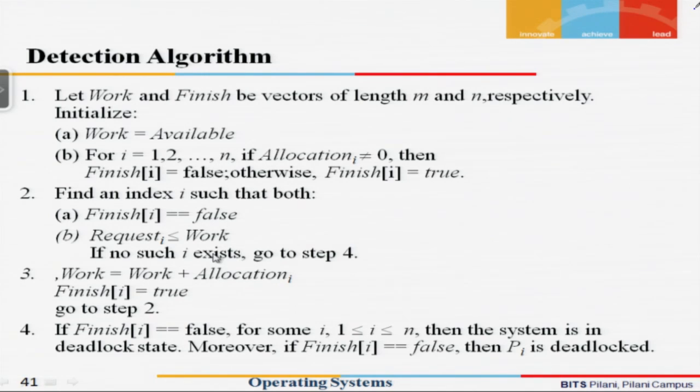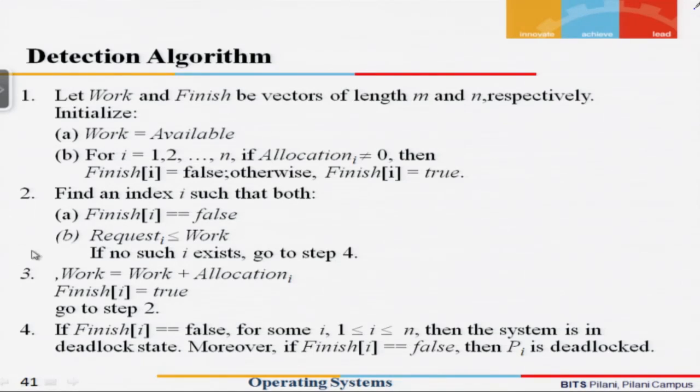If no such i exists, that is, if request of process i is not less than availability, then we go to step number 4. And if these two conditions are satisfied, then we come to step number 3, where we set work equals to work plus allocation[i] and finish[i] equals to true, and we go back.